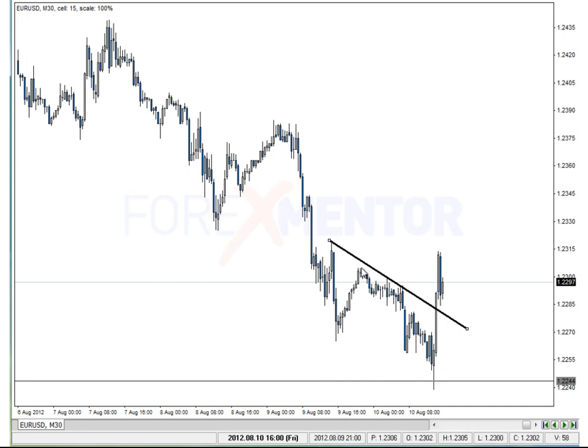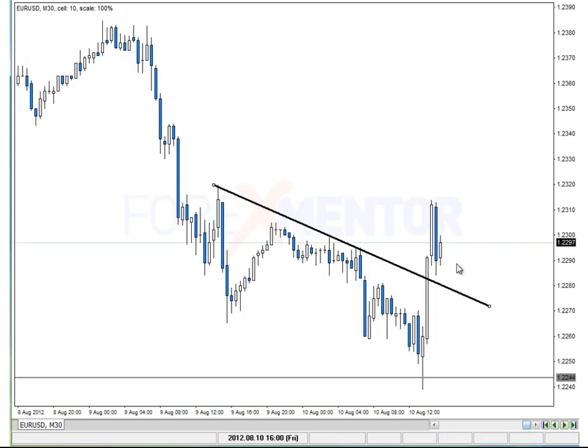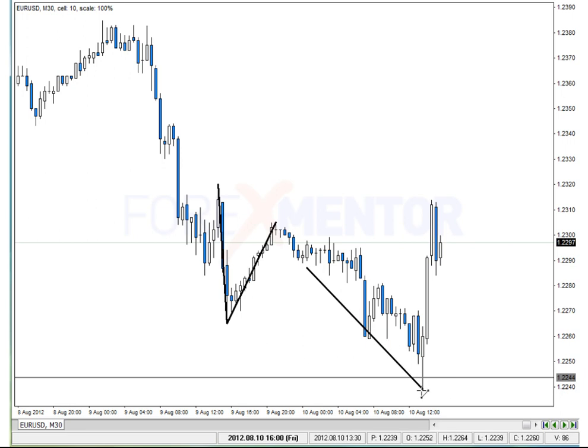See, it breaks this high. So if we zoom this in, you can see what we potentially have here is the left shoulder that's formed, and then this drive deeper into that key area of support is the actual head of the pattern.